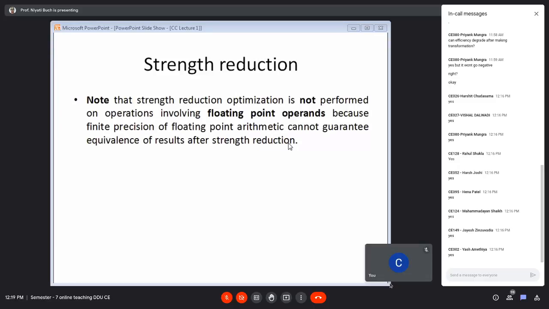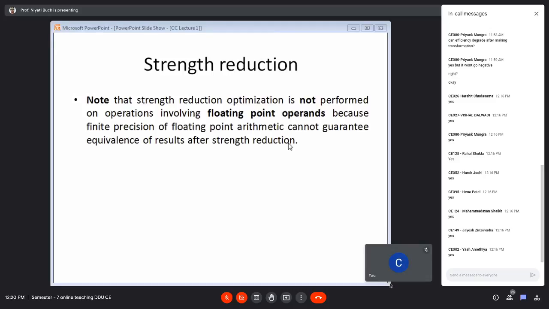Now, this is something which we have to note. Whenever we discuss strength reduction, it is not performed on operations involving floating point operands. So whether to go for strength reduction or not will be decided based on the type of the operand, and that information can be obtained from the symbol table, whose entry will be made during the analysis phase.